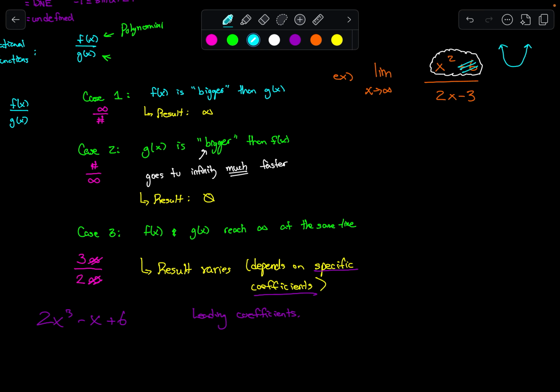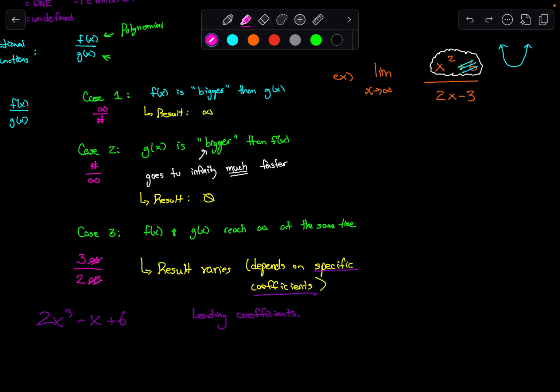And so I can almost get rid of that while I'm trying to figure out what this limit is, because on top, x squared plus 6 versus x squared, they're both going to infinity. And the really important thing here is that the x squared is like the head honcho. It is in charge of dictating what is going to happen for this particular function.